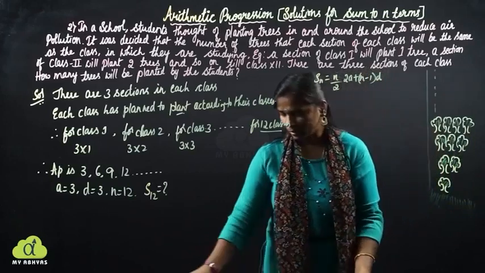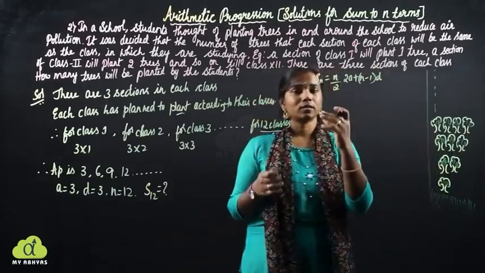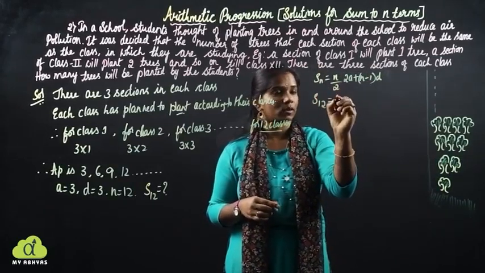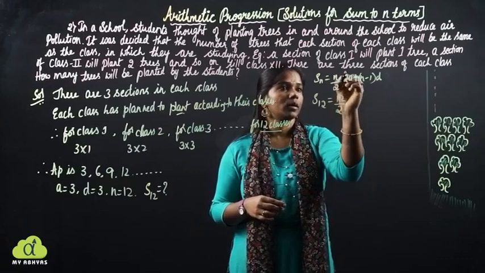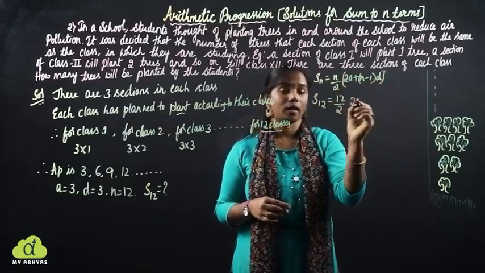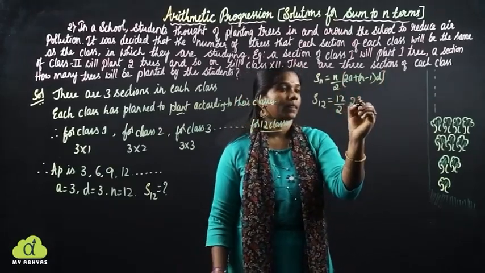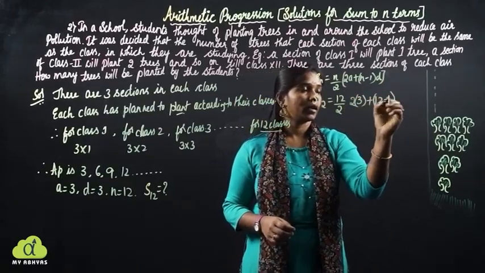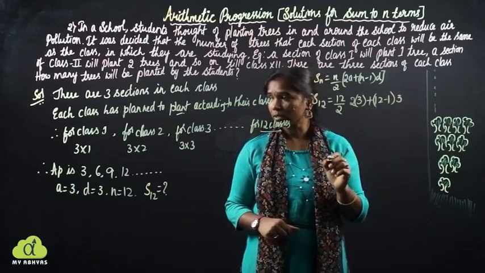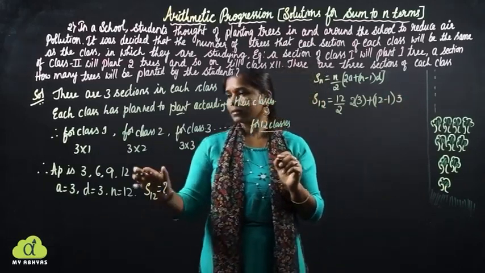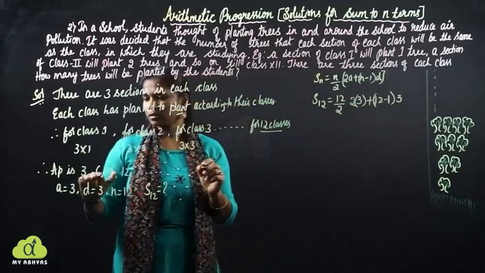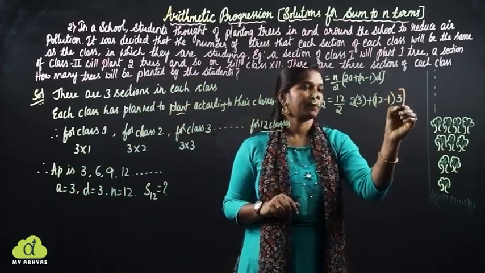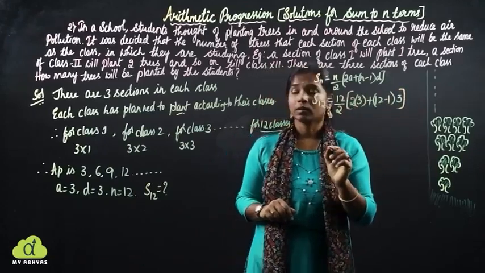Now look at this. S12 is equal to n, which is 12, divided by 2 into 2 into a, a is 3, plus n minus 1, which is 12 minus 1, into d. D is 6 minus 3, which is 3 only. Clear?